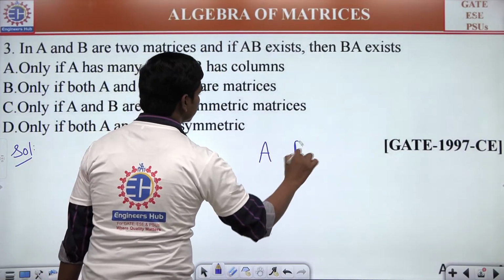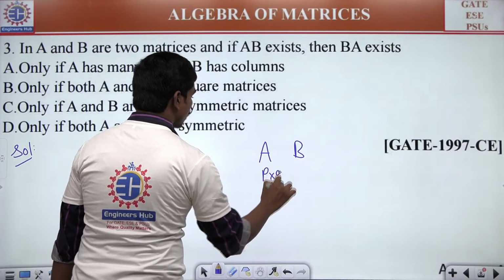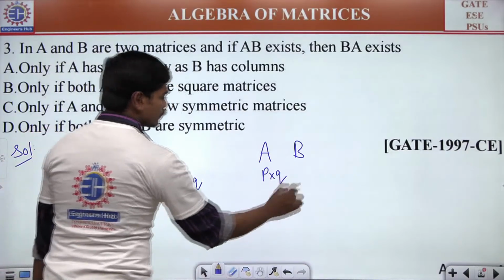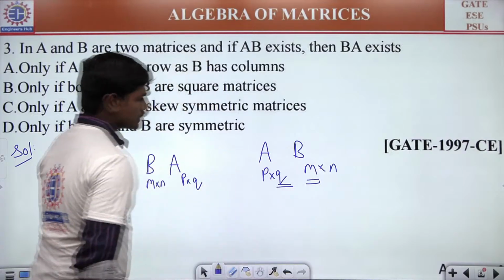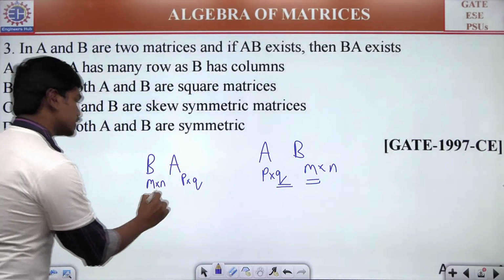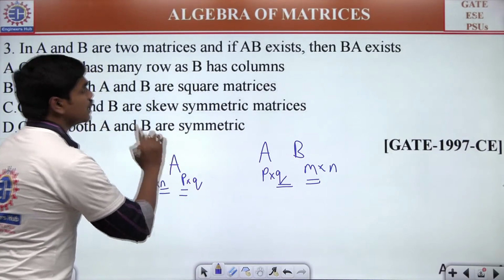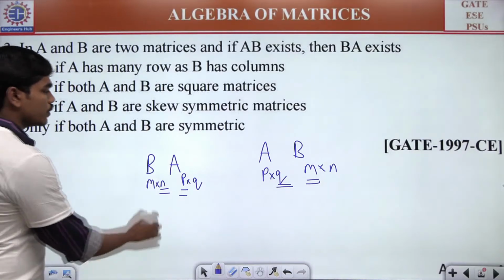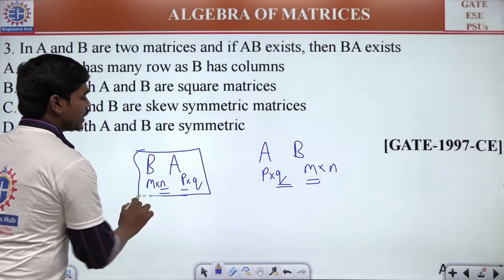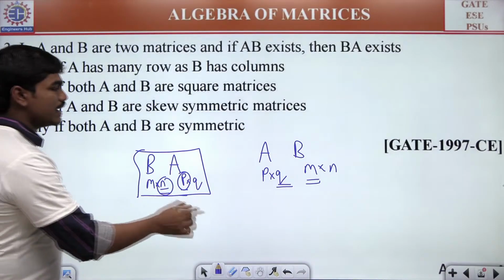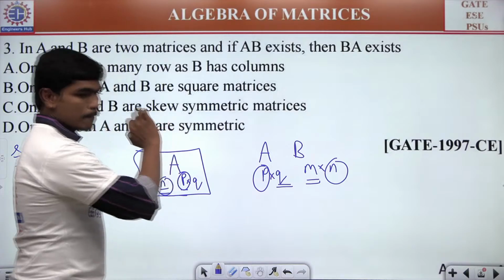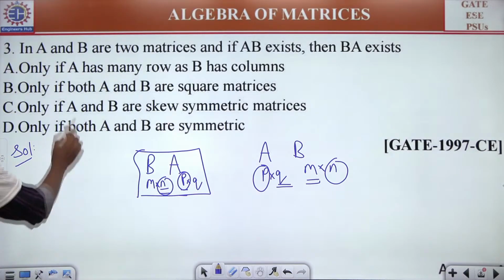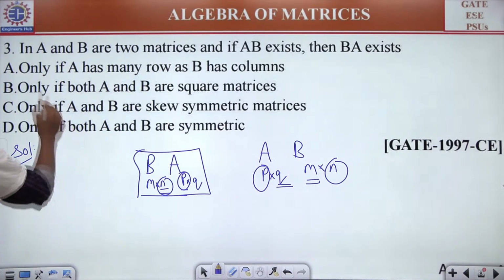So if AB exists, then this q should be same as this m, correct? And similarly for BA to exist, this n should be same as this p, correct? So if BA has to exist, n is equal to p, means number of rows in A should be same as number of columns in B. So only if A has as many rows as B has columns, correct?